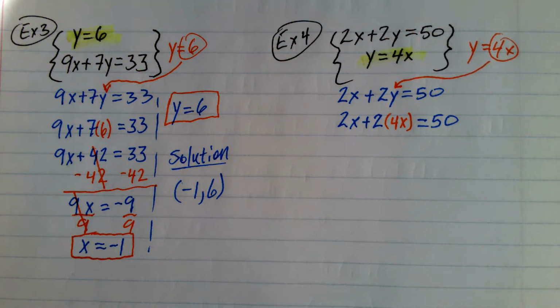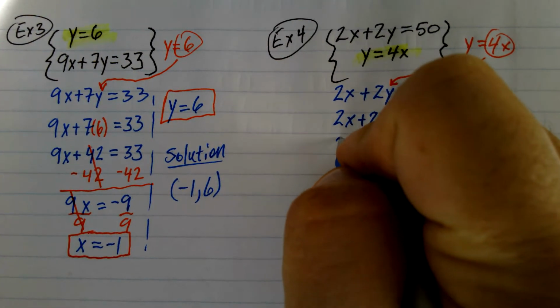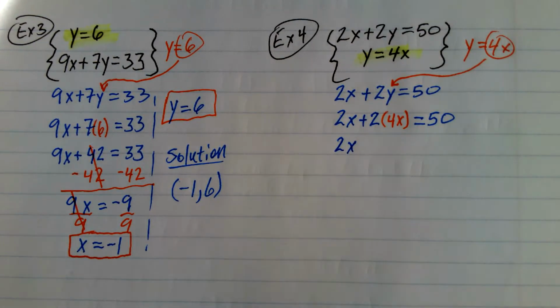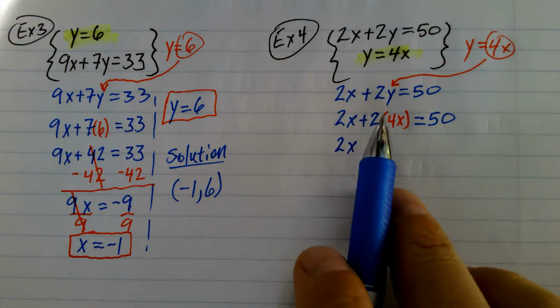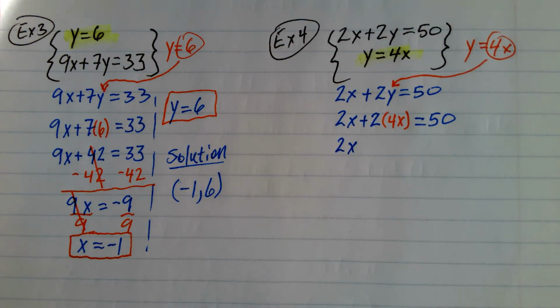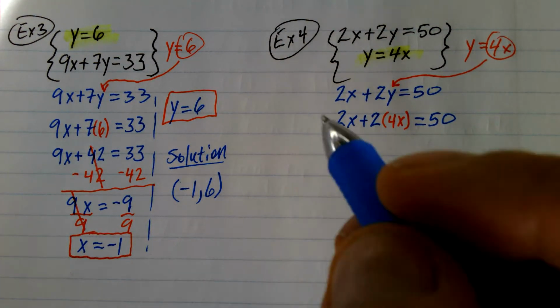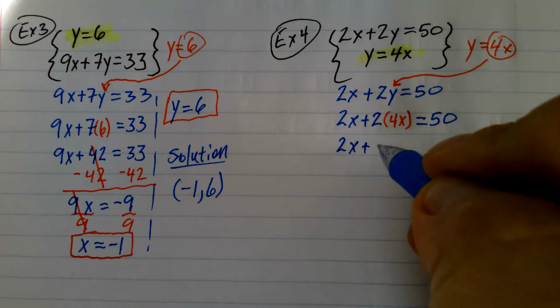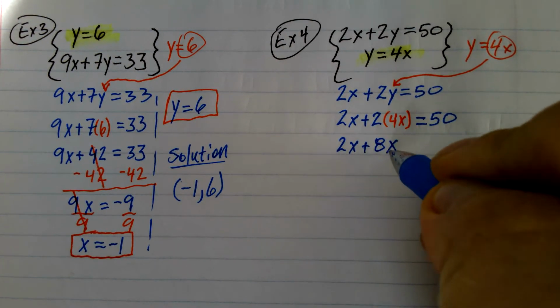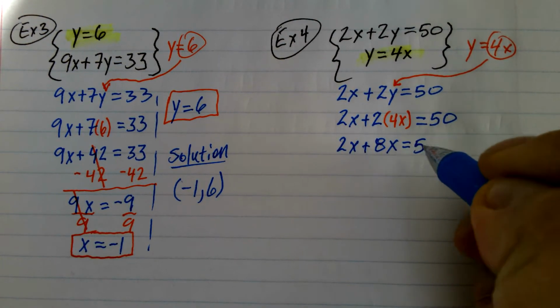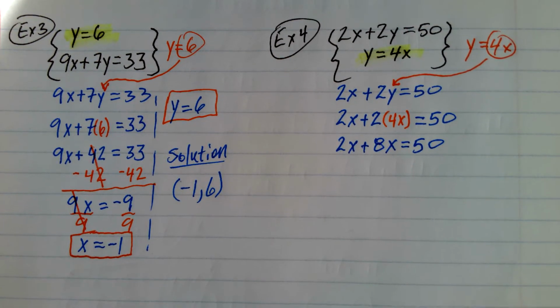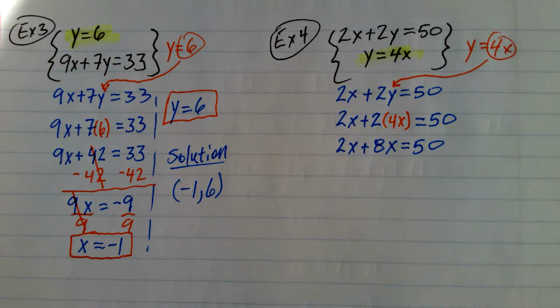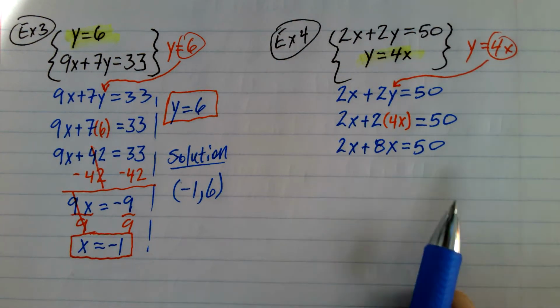So now, what am I going to get when I multiply 2 times 4x? Please tell me in the chat. If I multiply 2 times 4x, what does that become? What is 2 times 4x? 8x, of course. There you go.